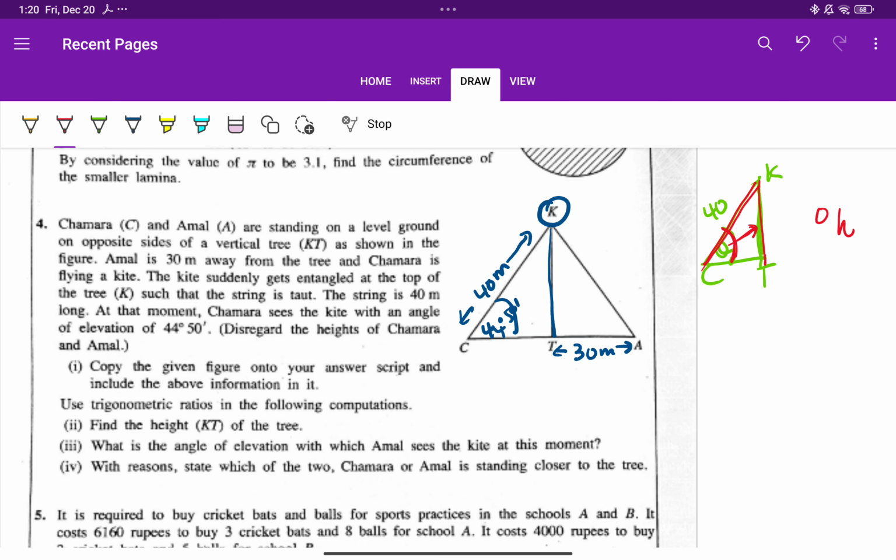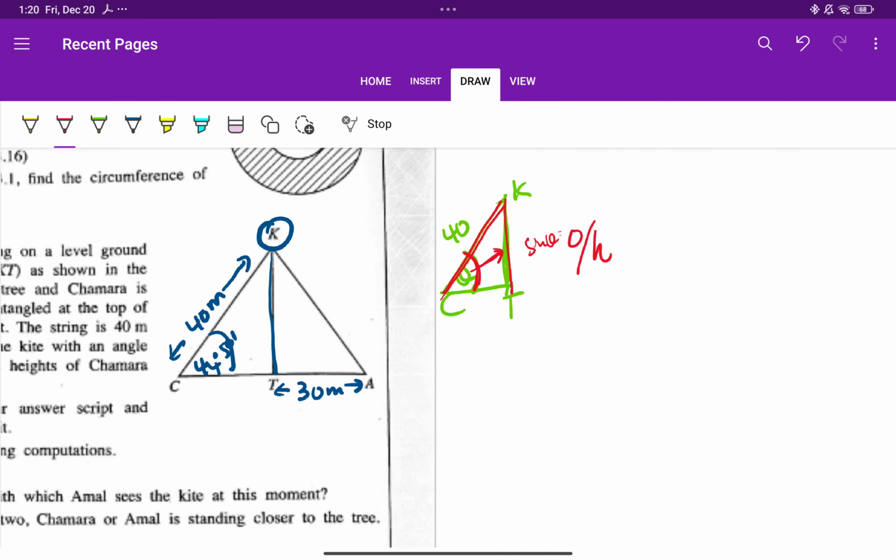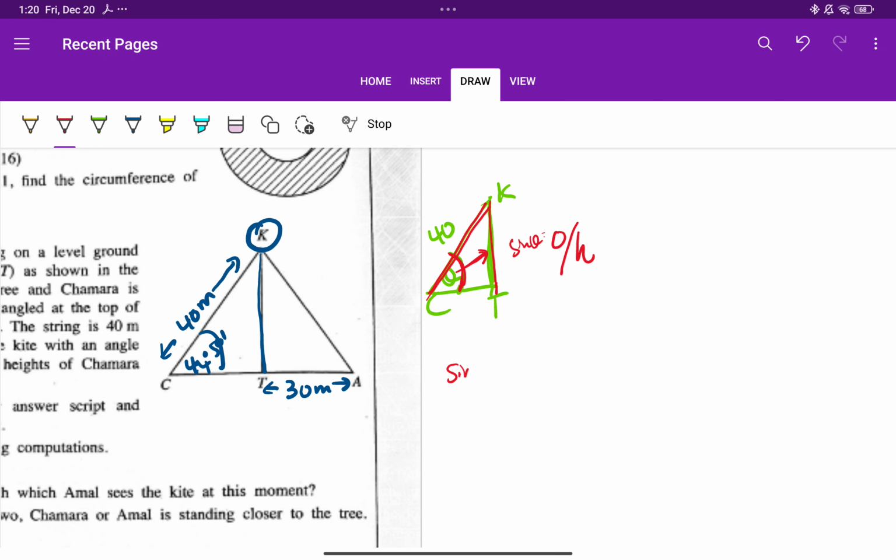Opposite and hypotenuse are related with the sine ratio. Sine theta is opposite over hypotenuse. So sine 44 degrees 50 minutes is KT over 40. So KT would be 40 times sine 44 degrees 50 minutes.